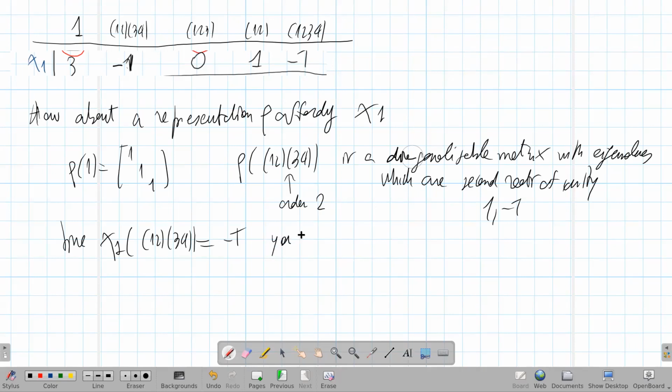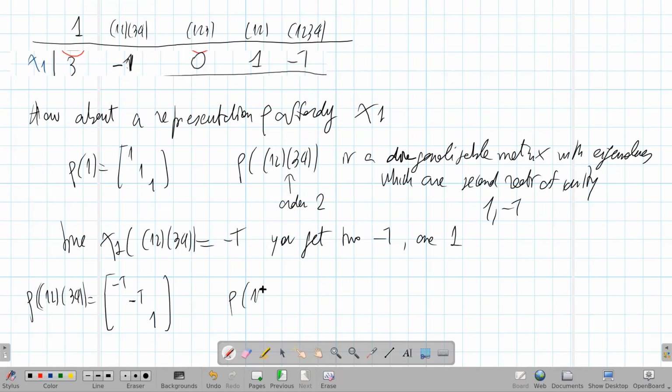You get two minus 1s and a 1, okay? So, for instance, we can assume, choosing a suitable basis, that this is of the form minus 1, minus 1, 1, okay? Now you see this holds for all the elements in the conjugacy class, okay? So what could 1, 3, 2, 4 be?